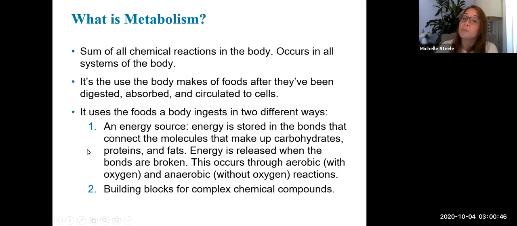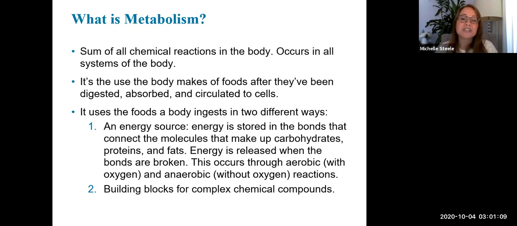Now, conversely, proteins have amino acids that are linked together by a peptide bond to form a protein. It's these bonds that carry a large amount of potential energy. And when those bonds get broken during a metabolic reaction, it releases a tremendous amount of energy.